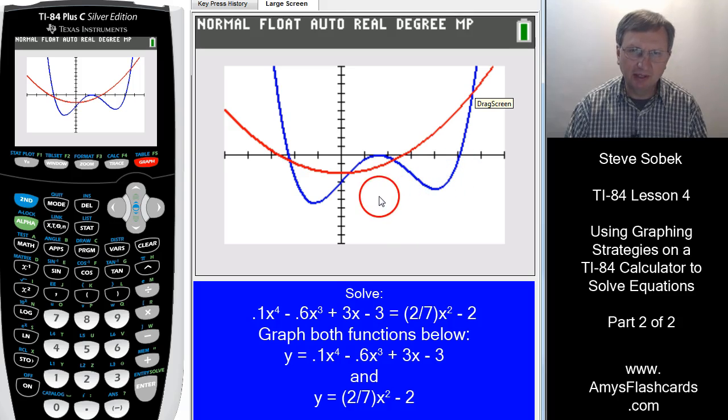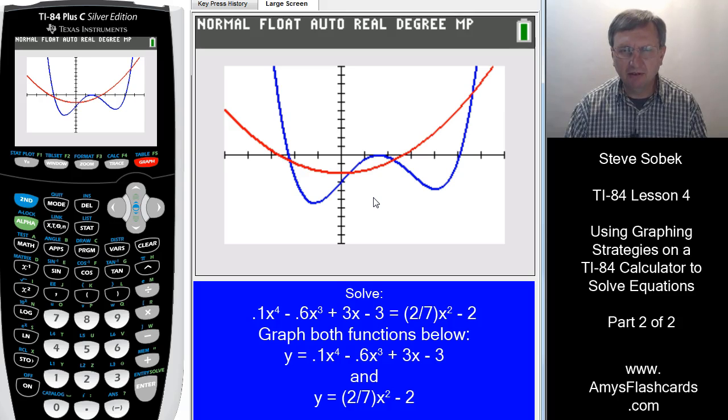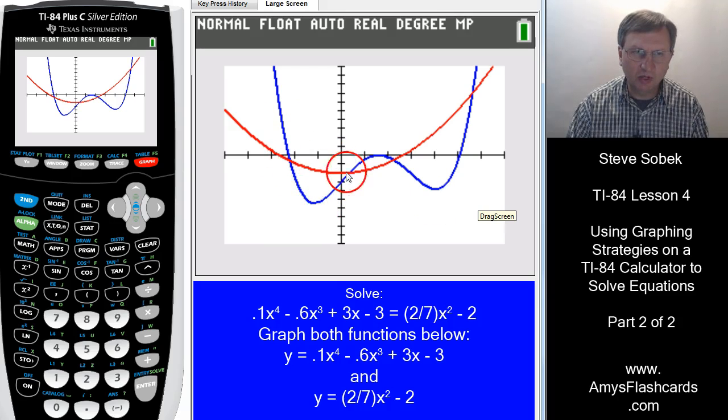Other things could happen. But we also talked about having a very thorough understanding of the different types of graphs. And we know that a 4th-degree polynomial function will change direction no more than 3 times. And see, it's changed directions once, twice, 3 times already. It will not change direction again.